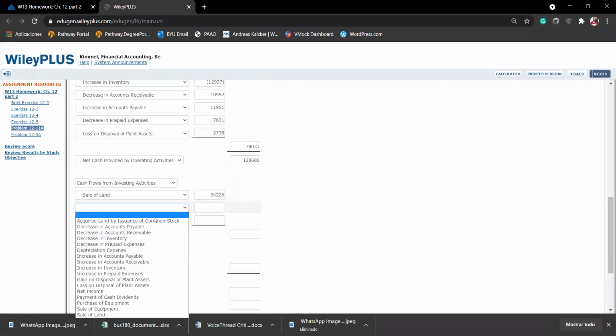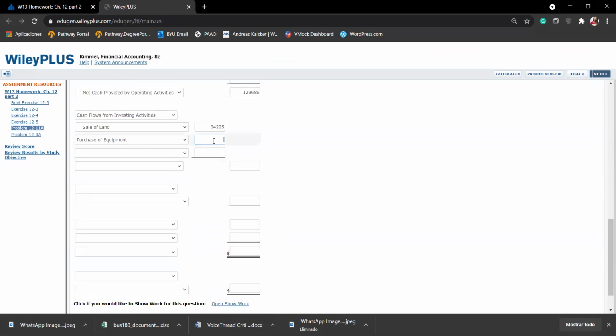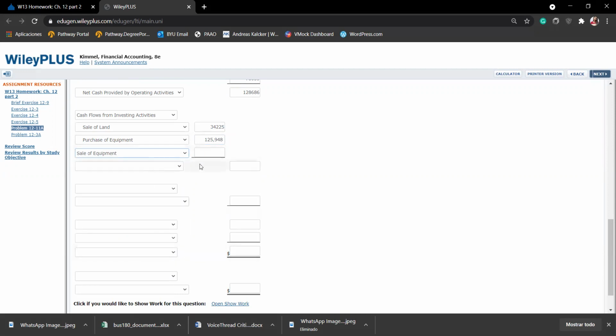Then we have the purchase of equipment, which is mentioned in number 5. It was purchased for this amount, cash. And equipment was sold too.